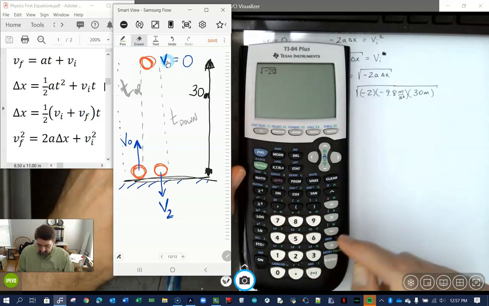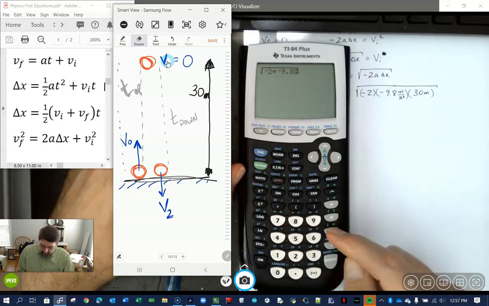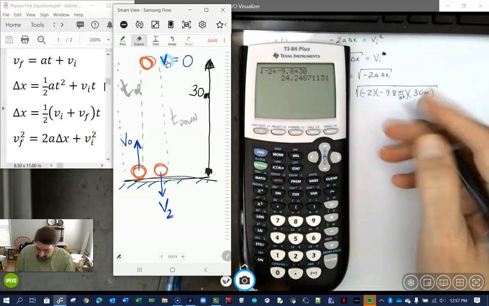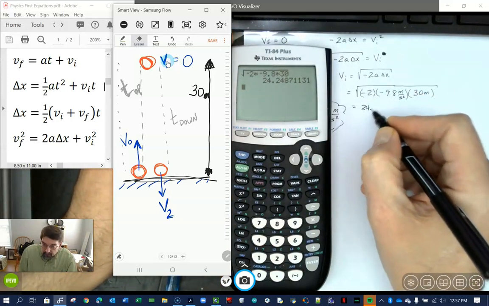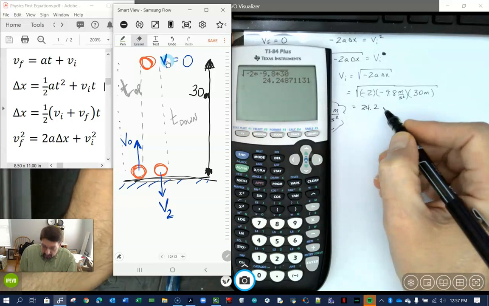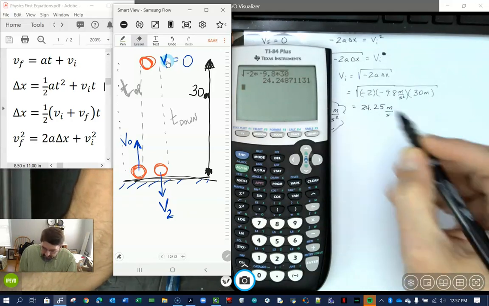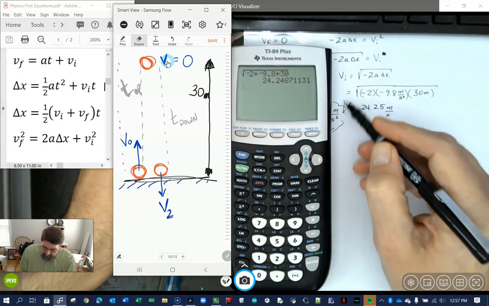So minus 2 times negative 9.8 times 30. Okay, and we are done. All right, and so this initial velocity we see is 24.2, we'll call it 25 meters per second. So that's my initial velocity, okay, on the way up.